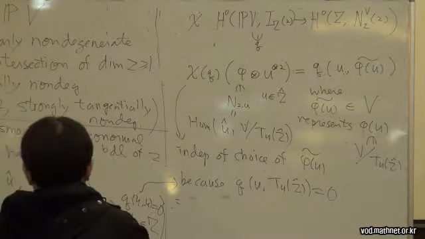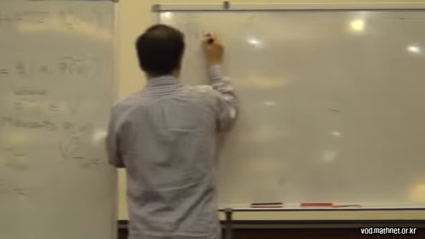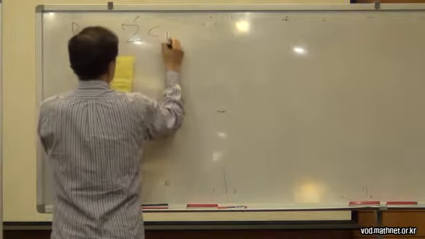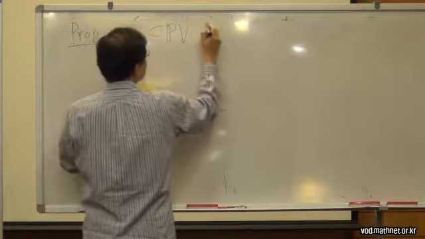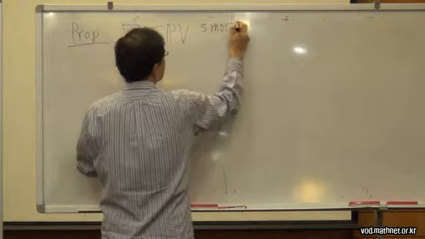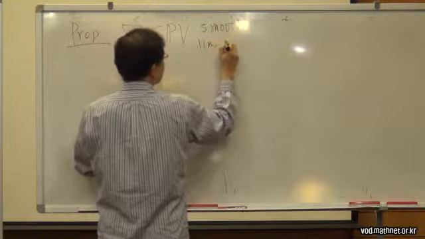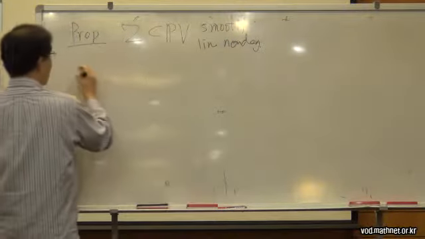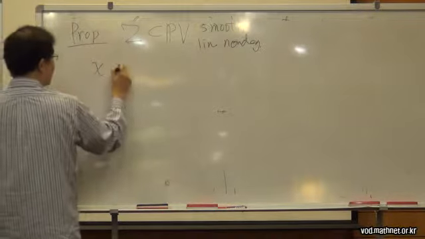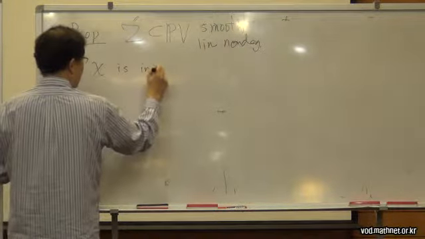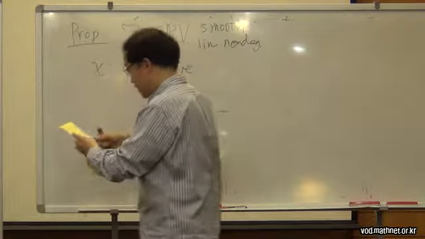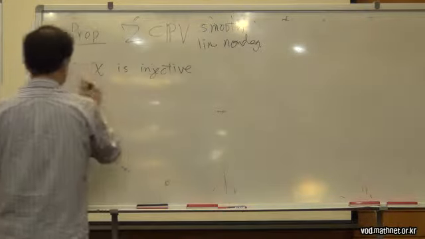Now, here's the proposition. So, Z is smooth, linearly non-degenerate. Then chi is injective. So this homomorphism is injective, and that's sort of easy.